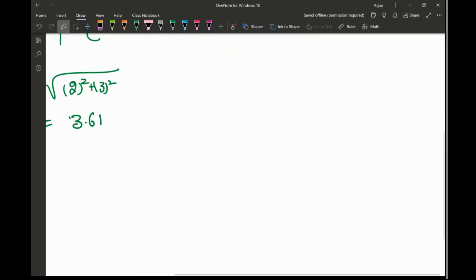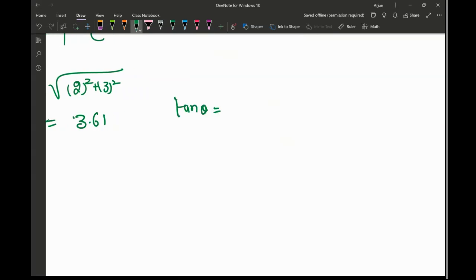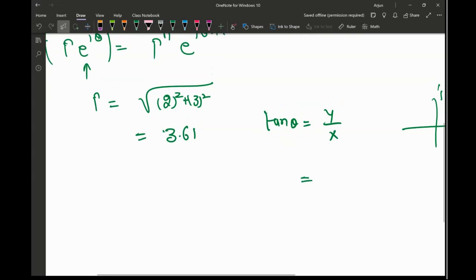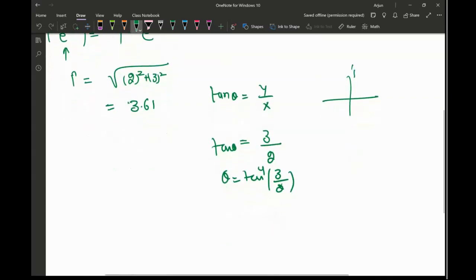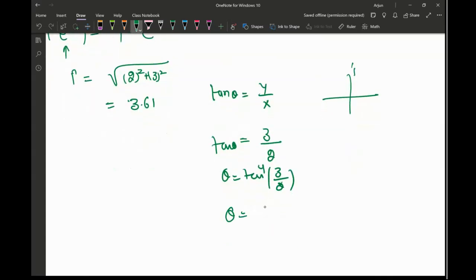To find the angle, we will use tangent theta equal to y upon x. The y value will always be the imaginary number coefficient. So that is 3 divided by 2. Theta is equal to tangent inverse of 3 divided by 2, and the final answer comes out to be 56.3 degrees.